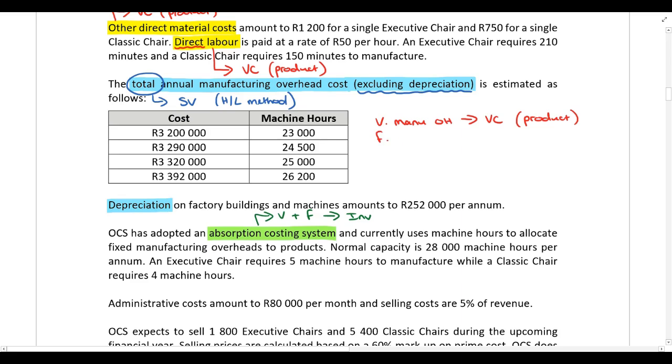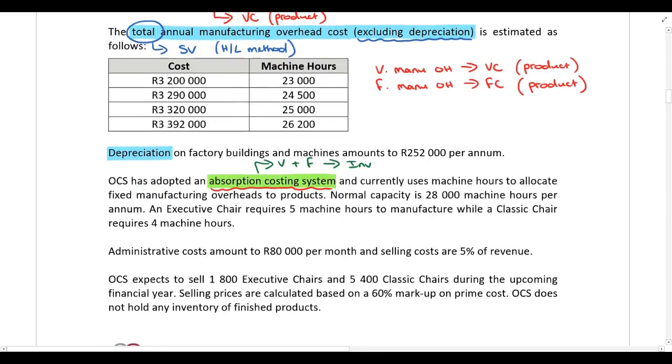And the fixed manufacturing overhead is obviously a fixed cost, also self-explanatory over there, and because the company uses absorption costing, this cost is also going to be included in the value of inventory. So it is a product cost.